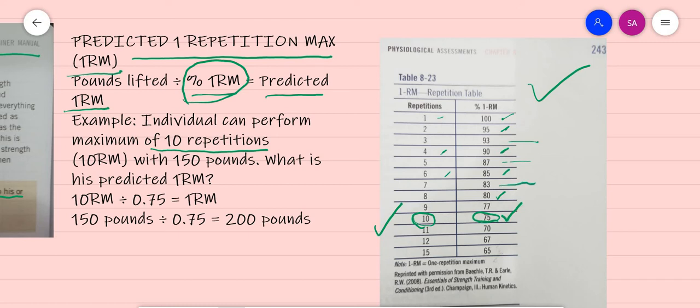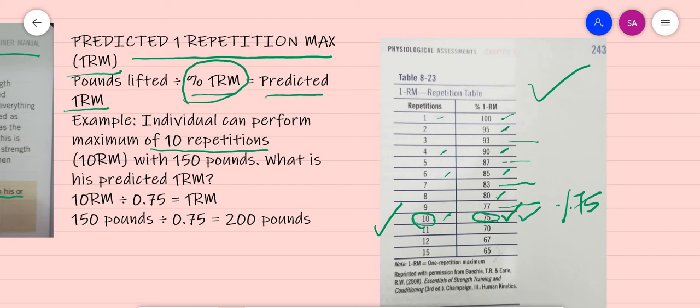I tried to retain all this when I appeared for the exam, but on the exam I got only this type of question, that the client is performing 10 repetitions, what will be his or her 1 RM. So you know that in case of 10 repetitions, the percentage is 75. On that basis, you can easily calculate the 1 RM.